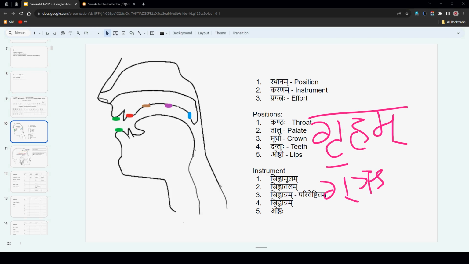It sounds like a ra, but it's just a hint of ra. Because we are not touching here, it has to move freely. So it's gruham.